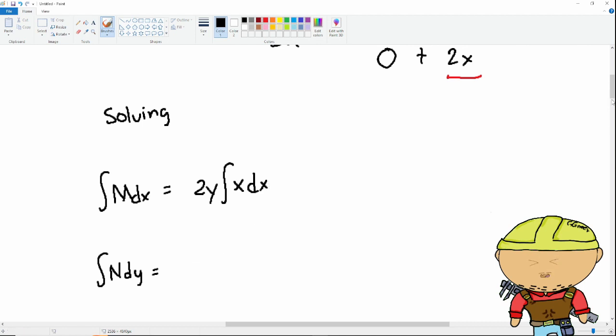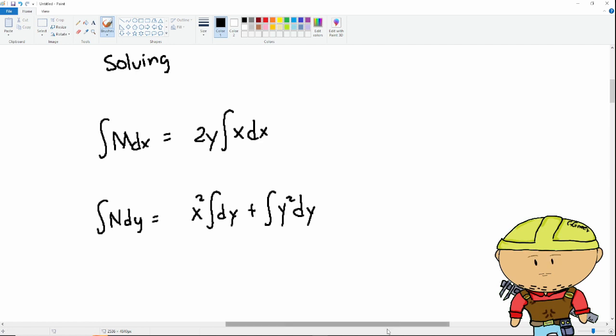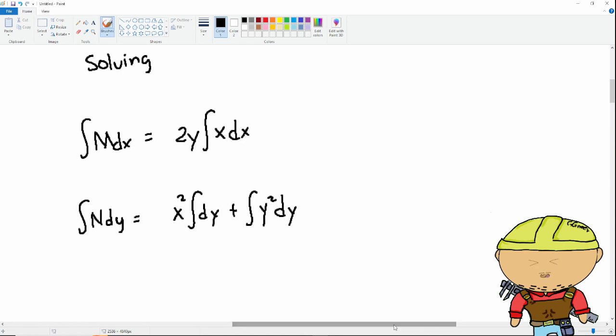And for N, we have x squared plus y squared. For N dy, we focus on y: x squared times the integral of dy plus the integral of y squared dy. Because for M dx we focus on x, and for N dy we focus on y.